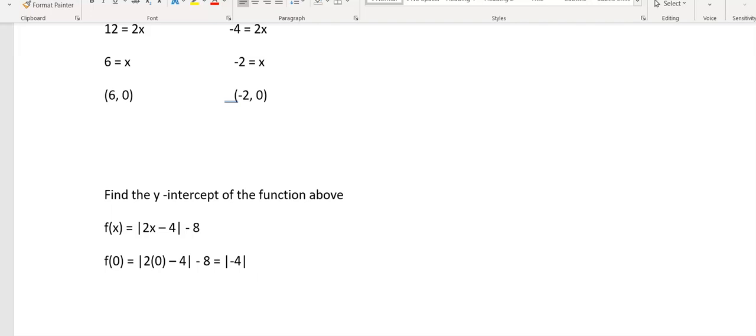And let's realize the absolute value always makes things positive, so that's 4 minus 8, or negative 4 as an answer. And we can write this as a point as well, 0 for x, negative 4 for y. And of course, if it's a function, there's only one y-intercept. There can be multiple x-intercepts, but there'll only be one y-intercept.